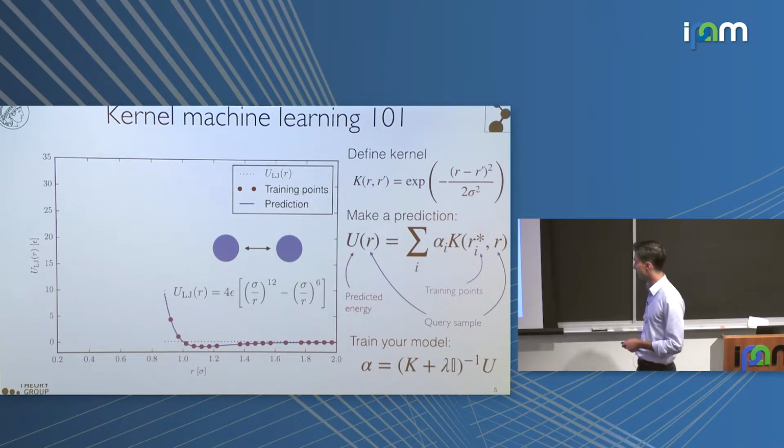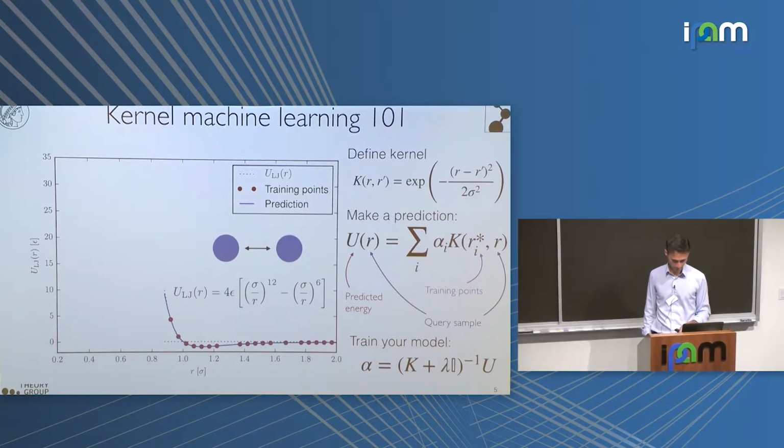As Frank explained this morning, you can train your model by inverting your kernel matrix, adding a regression term here to make it well conditioned.